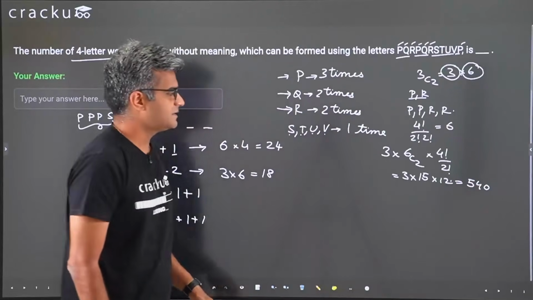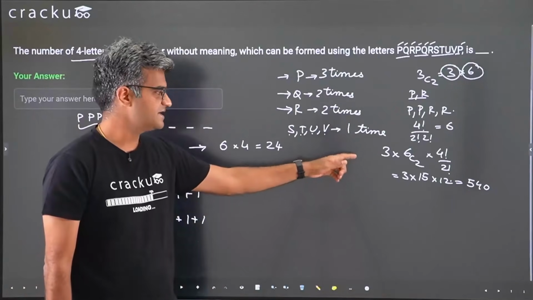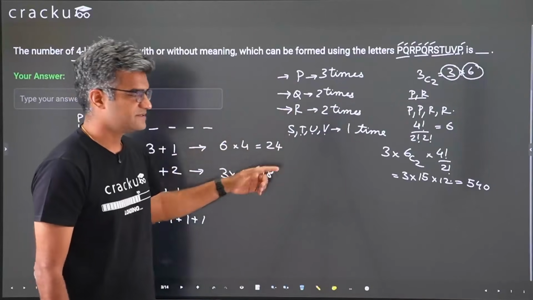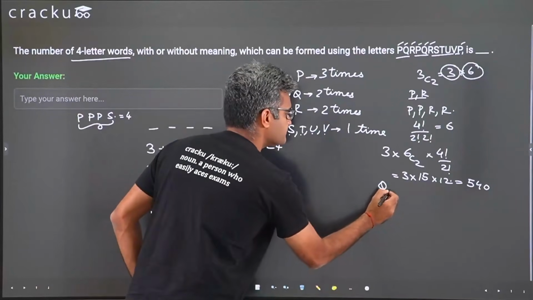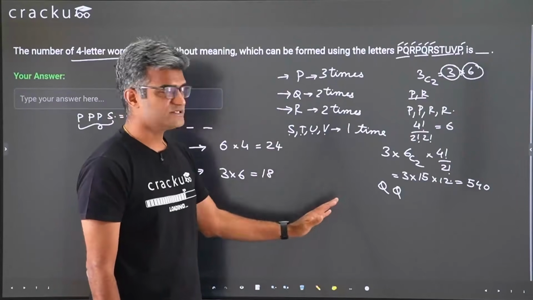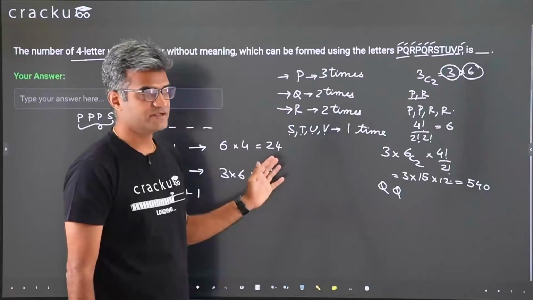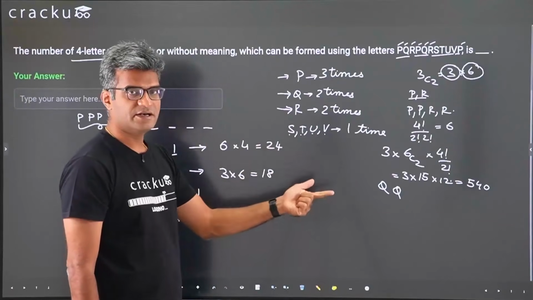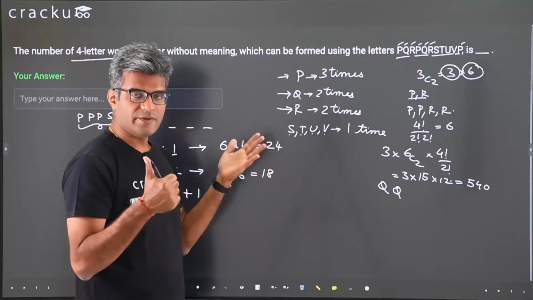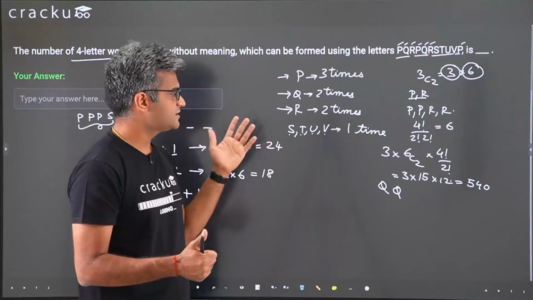For example, what we are essentially saying is selecting the letter which is repeated 2 times can be done in 3 ways. Let us assume that is Q. It can be either P or Q or R. Once Q is selected, we have 6 letters remaining. We have P, R, S, T, U and V. Now amongst these 6 letters, we have to select 2 letters.